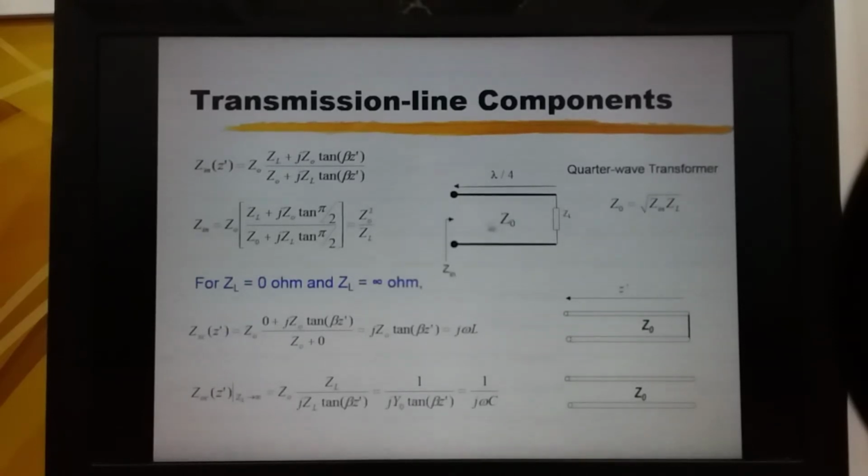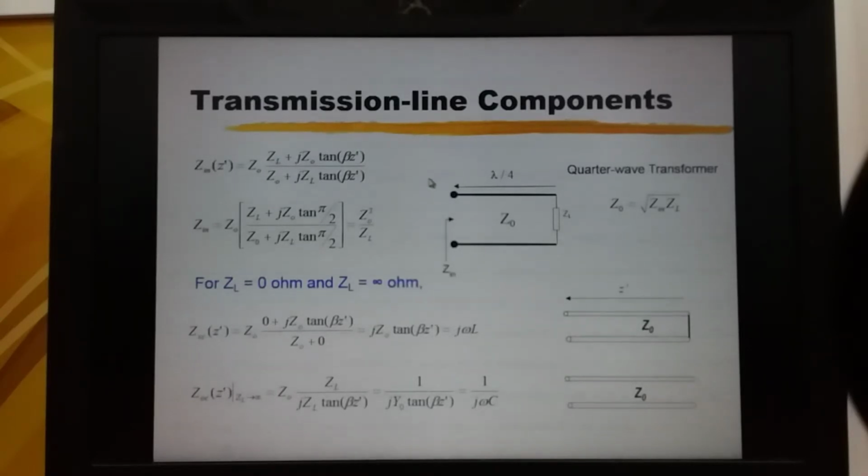We can get the desired characteristic impedance Z0. Now by using a microstrip line with a length of lambda over 4, we can make a transformer. This transformer is called a quarter wave transformer.